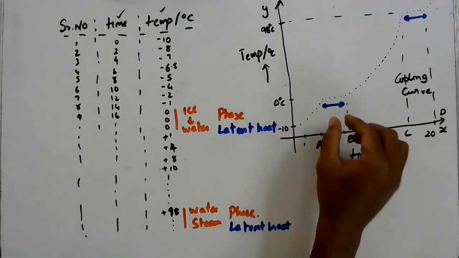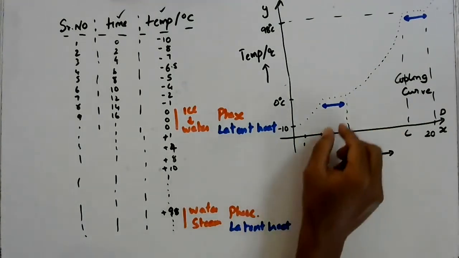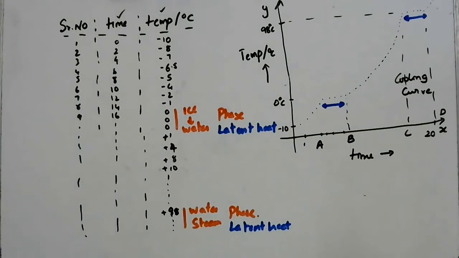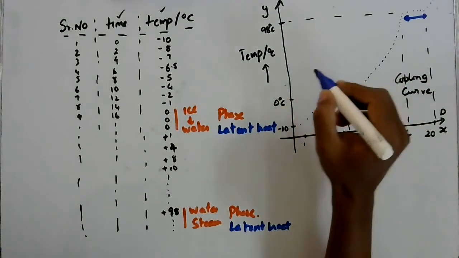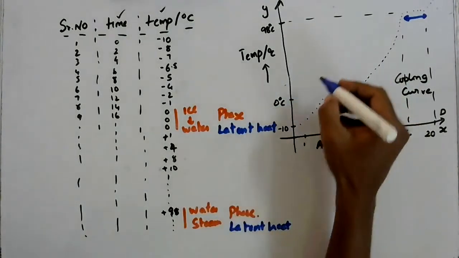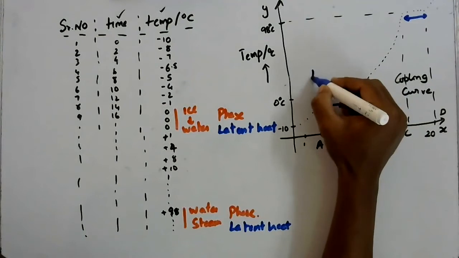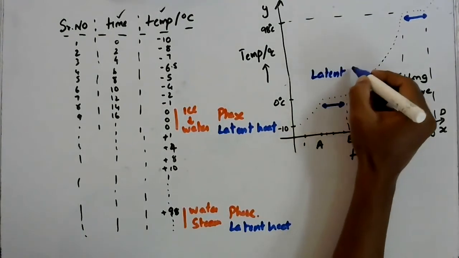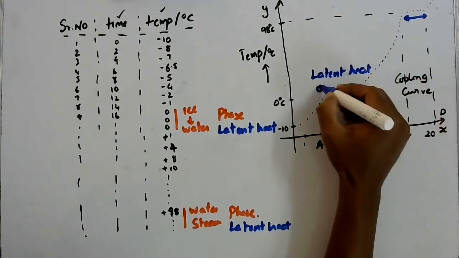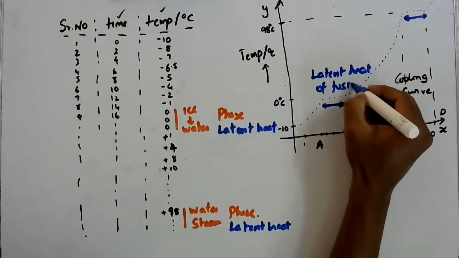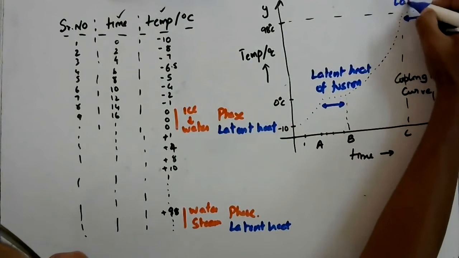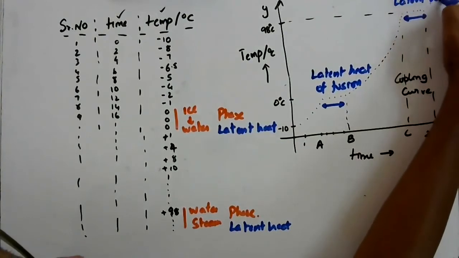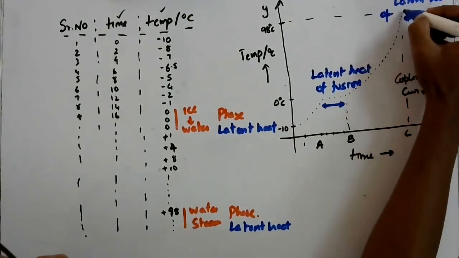Now, the amount of heat energy that is being absorbed in this phase is called the latent heat of fusion. Okay, latent heat of fusion or latent heat of melting, they use two different terms. So you say latent heat of fusion, and over here you would call it latent heat of vaporization.